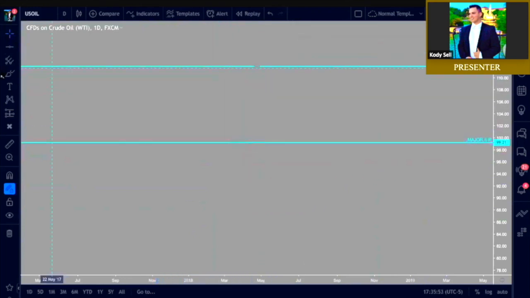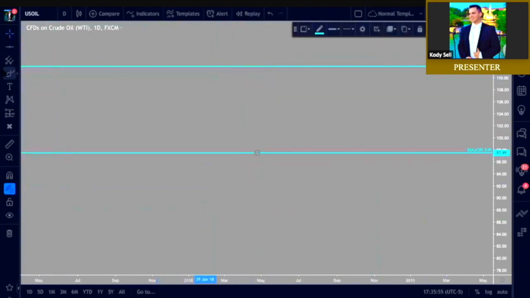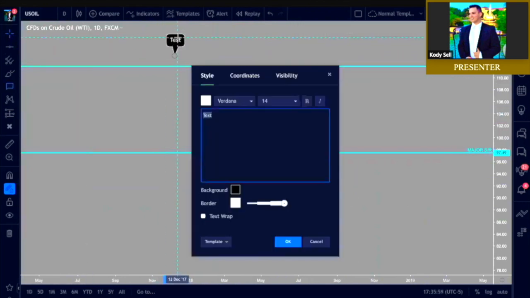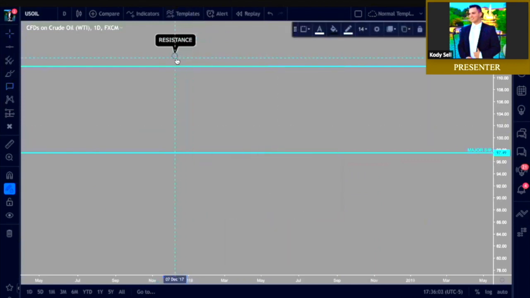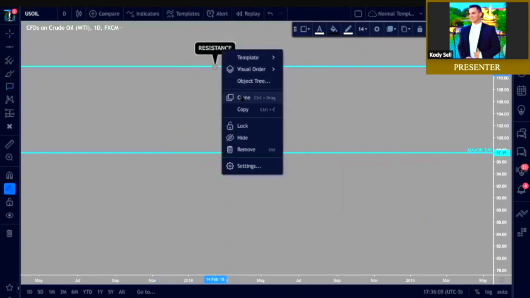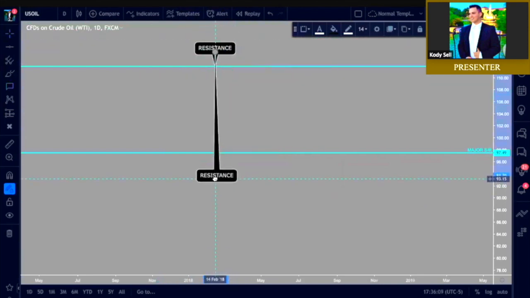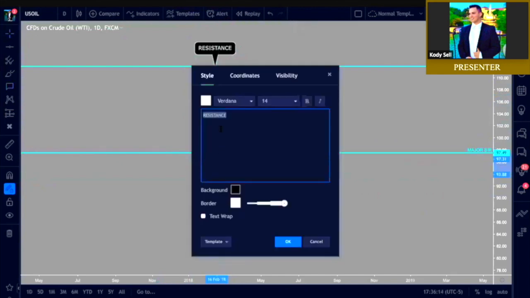So let's go ahead and get these identified here. Here's our resistance in the market. Pull this through right here, and then just clone this, bring it down. Here is our support right here. So this is our support.